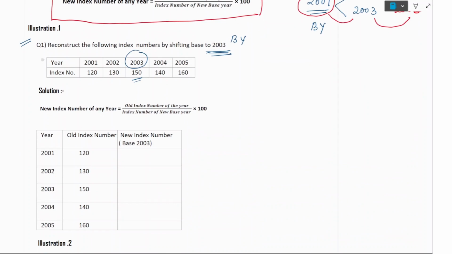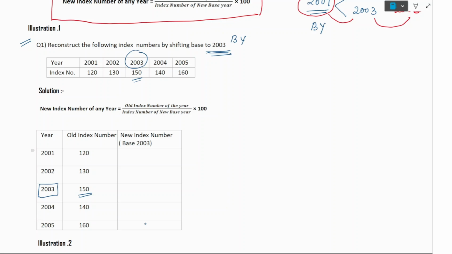Therefore, first I have written the formula: new index number of any year equals old index number of the year divided by index number of new base year, into 100. Now you are changing the index numbers to the base year 2003, whose index number is 150.